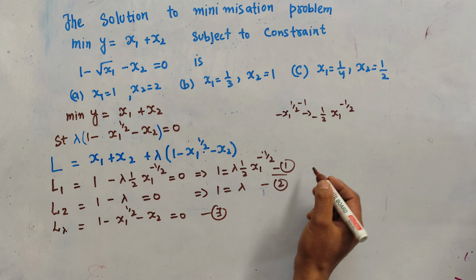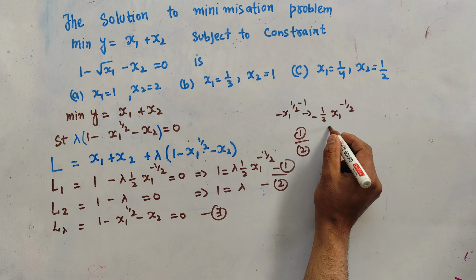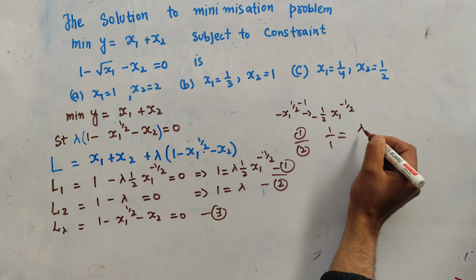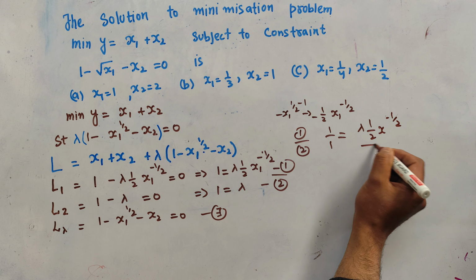Now dividing equation 1 by equation 2, we get 1 upon 1 equals lambda times 1 upon 2 x1 raised to the power minus 1 upon 2 divided by lambda.